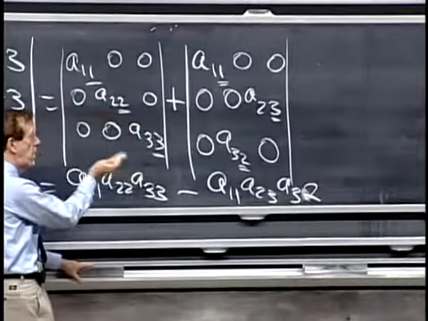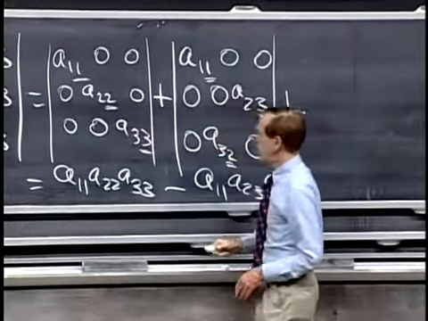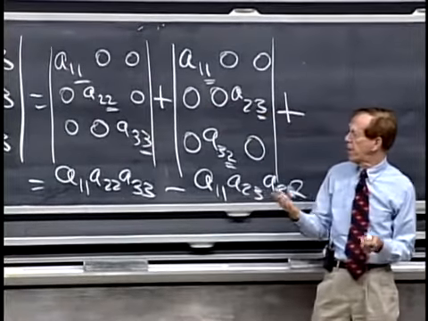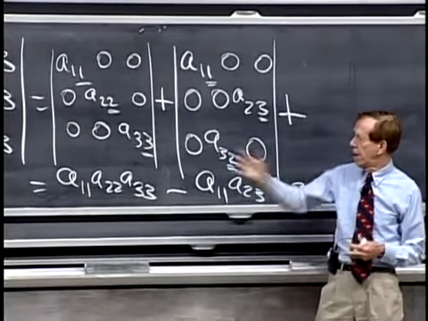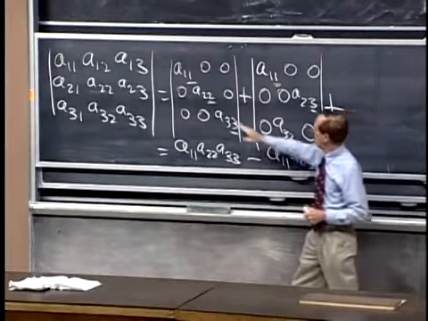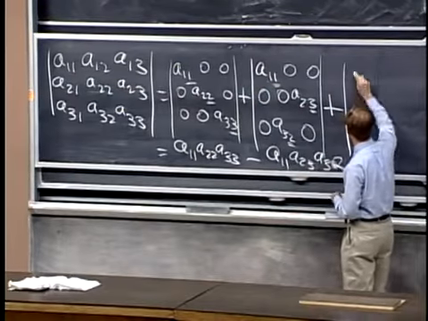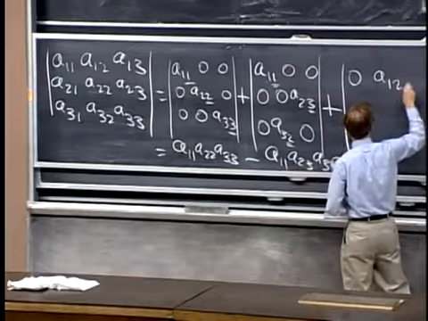Now, am I through? No, because there are other ways. What I've completed is only the part where the A11 is there. But now I've got parts where it's A12.